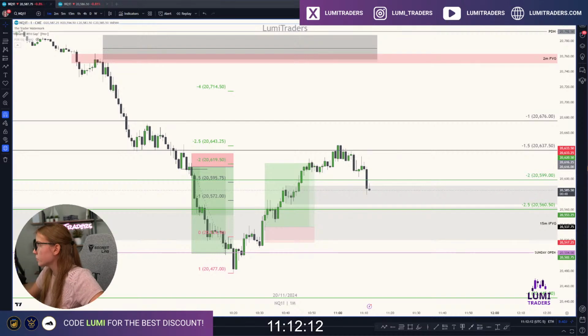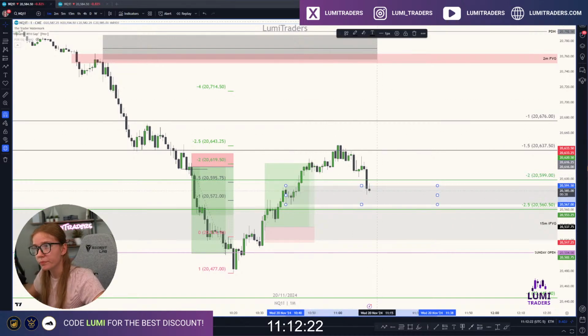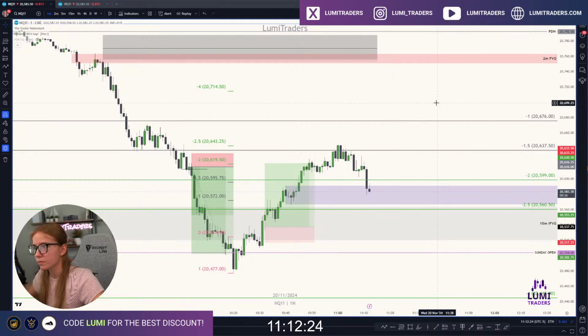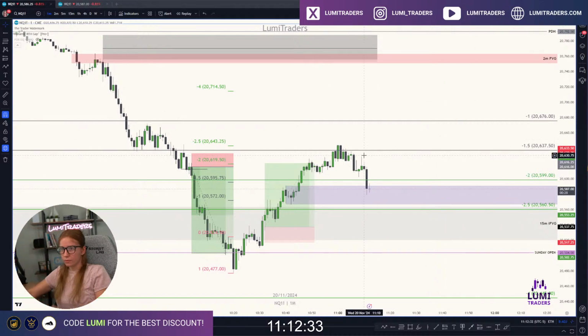Yes, we got the 4-hour inversion fair value gap. We got the test of this 4-hour inversion fair value gap on ES as well. So right now, all I want to see is how we react from this OB. So far, nice reaction, honestly.